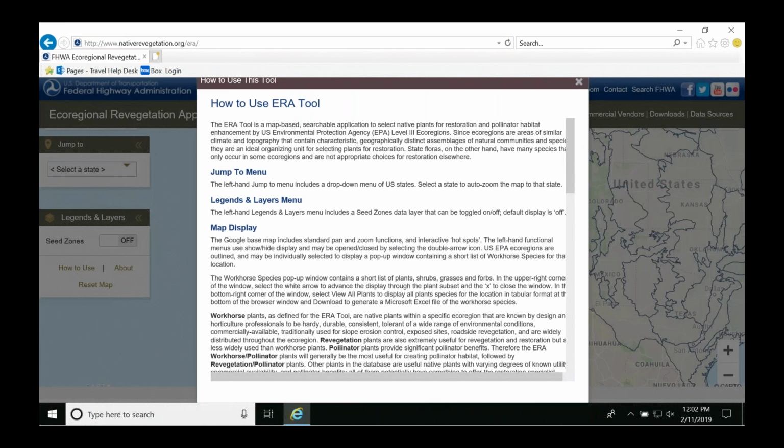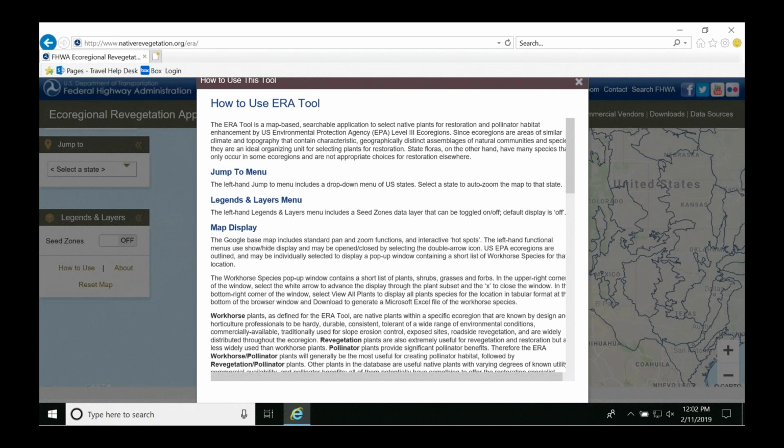So the utility, if you go to the utility, there's a how-to. And I know nobody reads the how-to. I don't. But please, if you start kicking this around, which I would like everybody to take a look at, just skim the how-to, because it really does address some of the limitations of the data. We're not saying this is a panacea. We're not saying this is the one-size-fits-all.